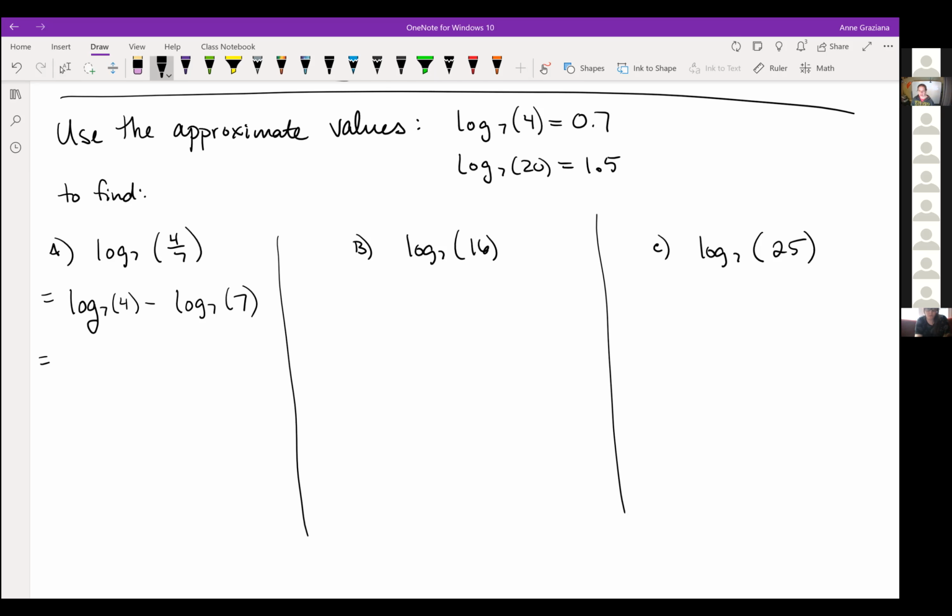Okay, now the thing about these values is that you can only use them once you have log base 7 of 4 be exactly in that form. I just want to point this out.